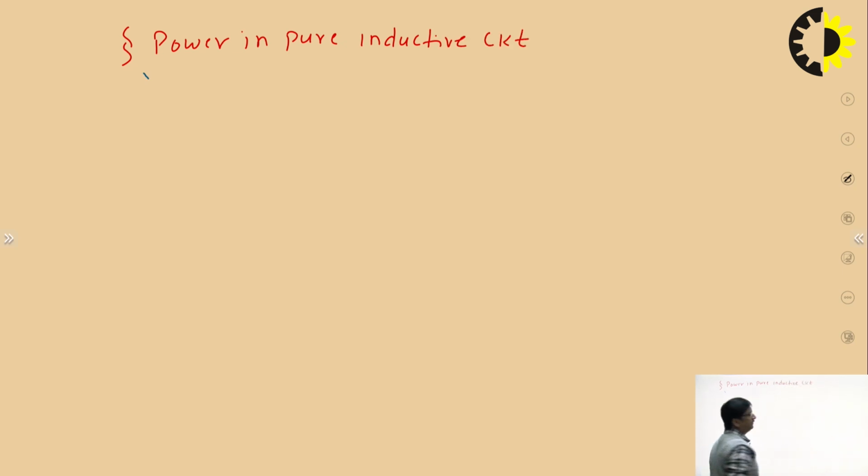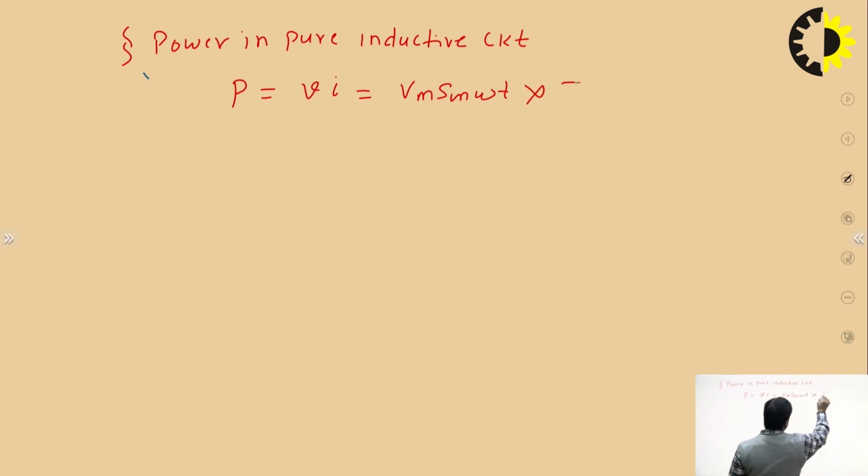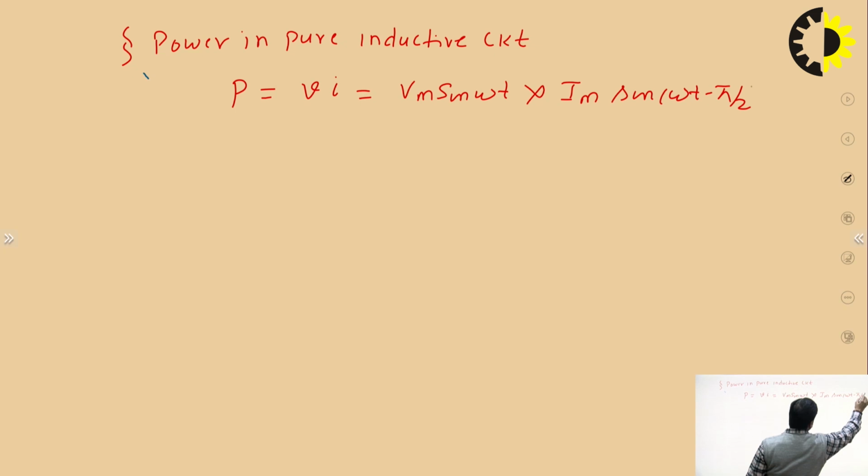Whenever we have an inductance, it is a pure inductive circuit. For power, as I told you, we calculate by taking the voltage into current. So V is equal to Vm sine omega t into Im sine omega t minus pi by 2.